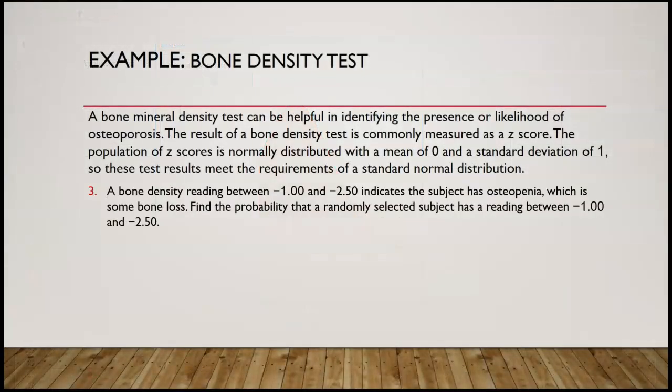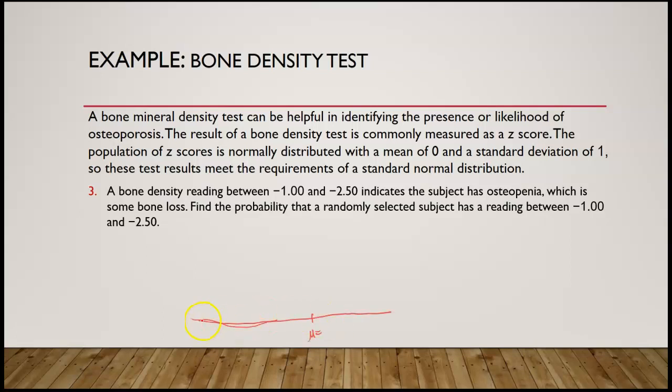Now let's answer the third part of this question. A bone density reading between negative 1.0 and negative 2.5 indicates the subject has osteopenia, which is some bone loss. Find the probability that the randomly selected subject has a reading between negative 1.0 and negative 2.5.